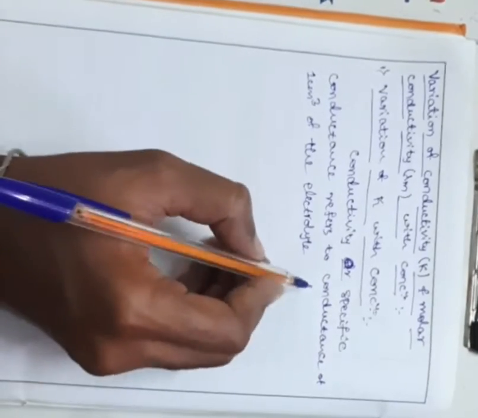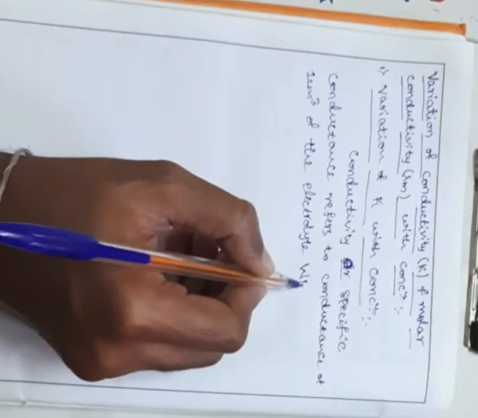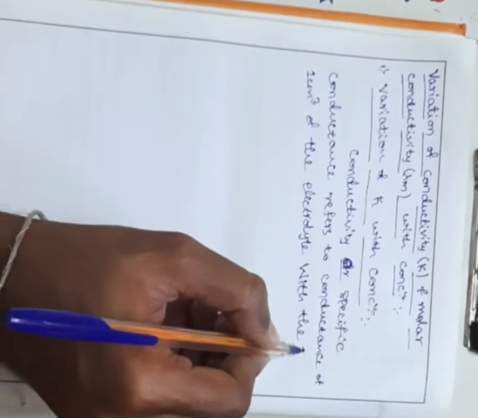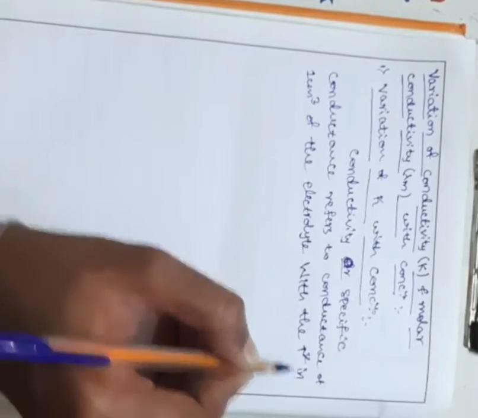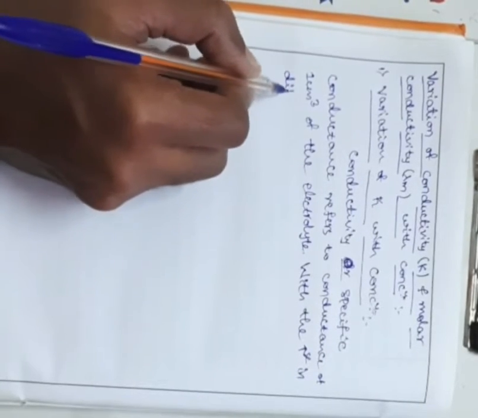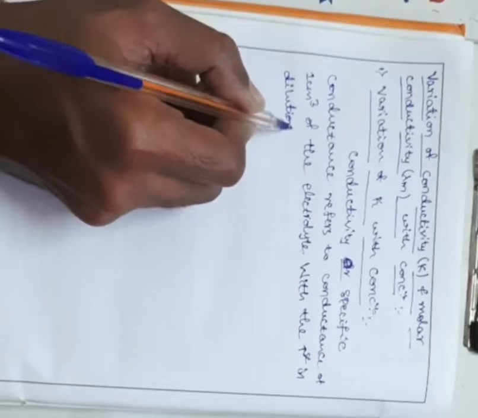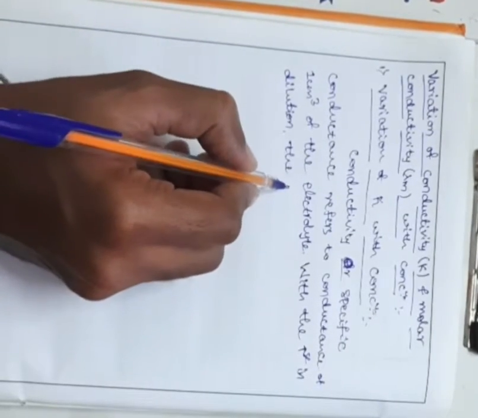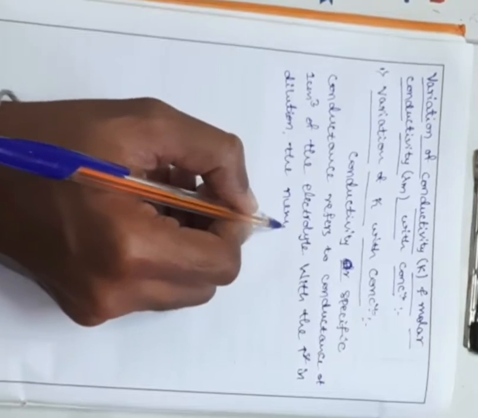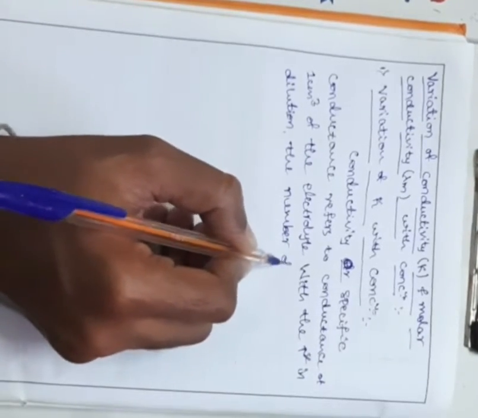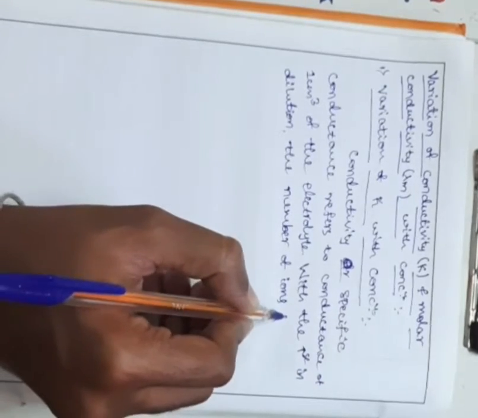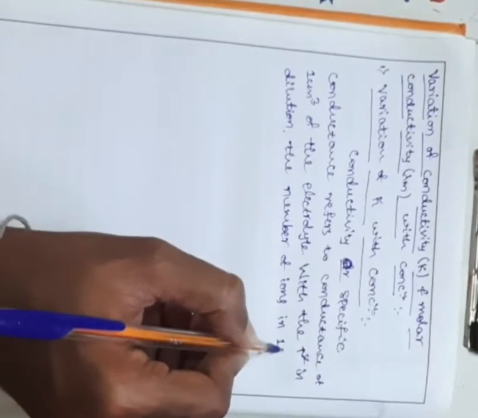So with an increase in dilution, the number of ions in 1 cm cube decreases.